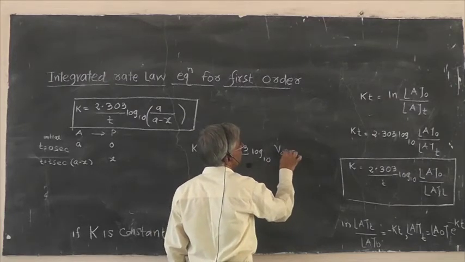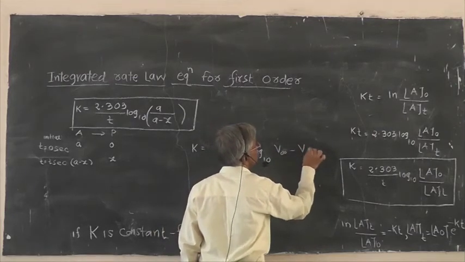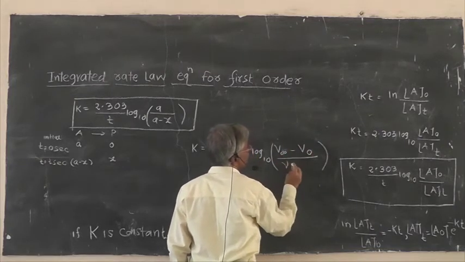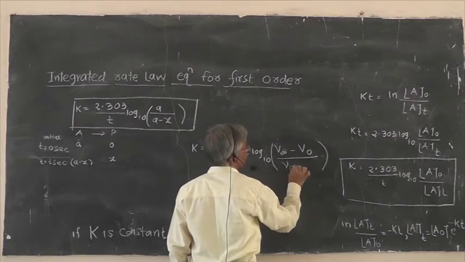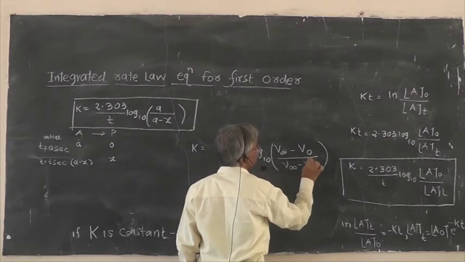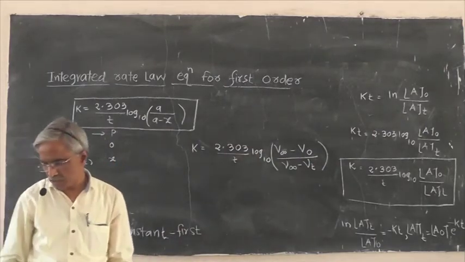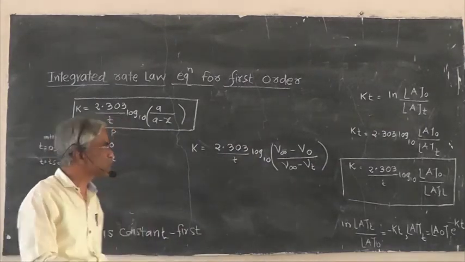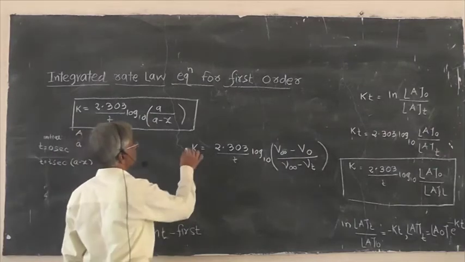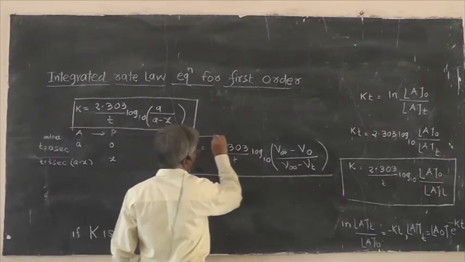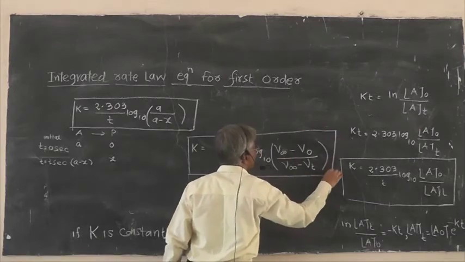So V infinity minus V0 divided by V infinity minus the volume at a time t. This form of equation can also be used, which we use in the hydrolysis of methyl acetate. We will go for the example of that.